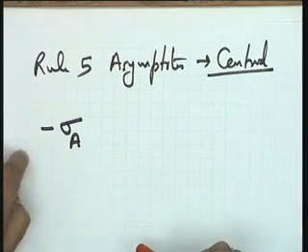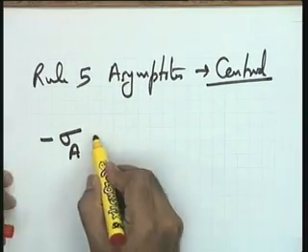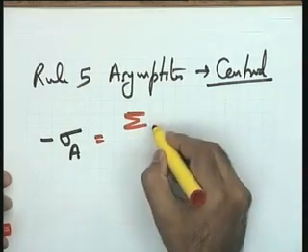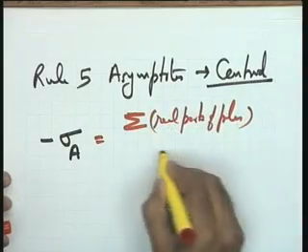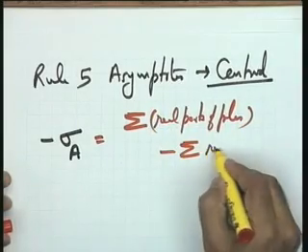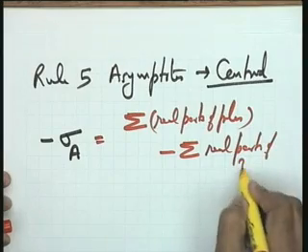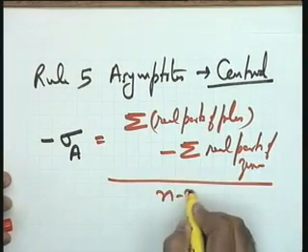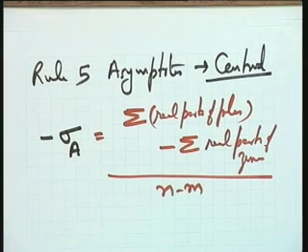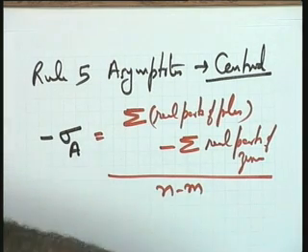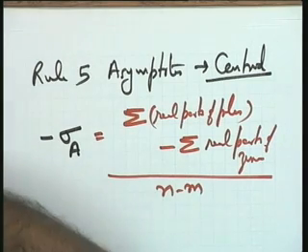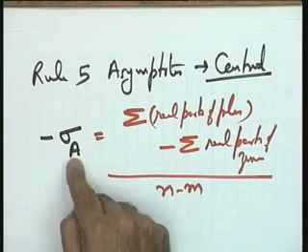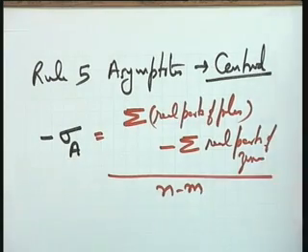So this centroid is minus sigma A, equal to the sum of real parts of poles minus the sum of real parts of zeros, divided by n minus m. The centroid is given by this point, and the angles are given by the earlier formula. Now, I take a numerical example.